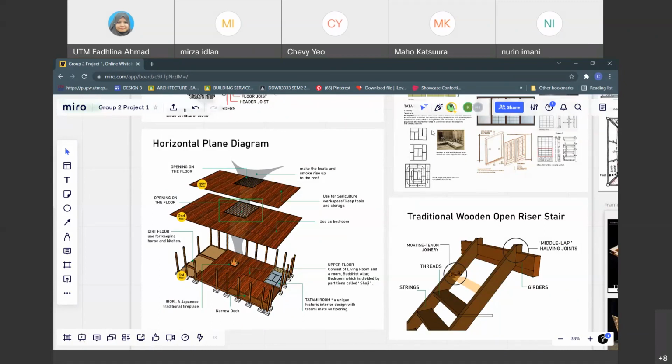And for the hierarchy that Shahmi has mentioned, we can see the lower floor is the dirt floor, and then the upper one, when I see the plan, I think that is the step. So it has one step.